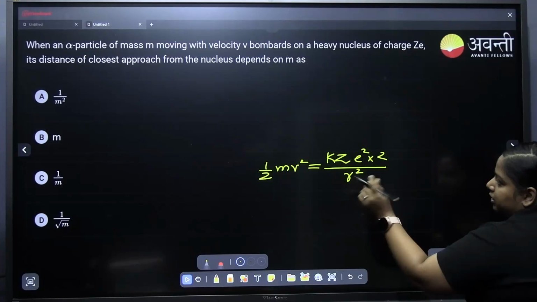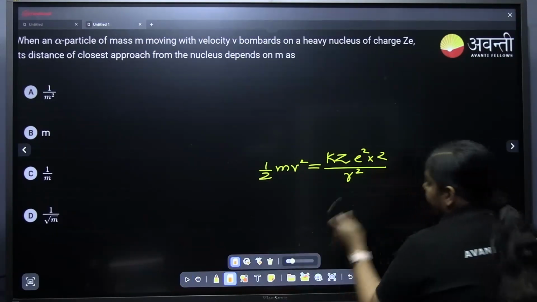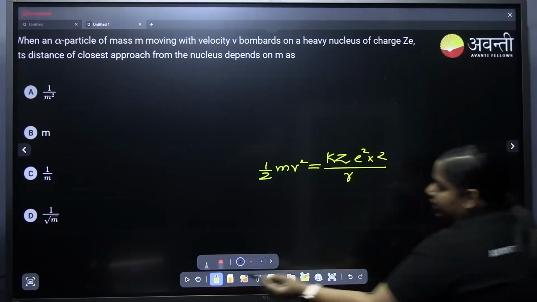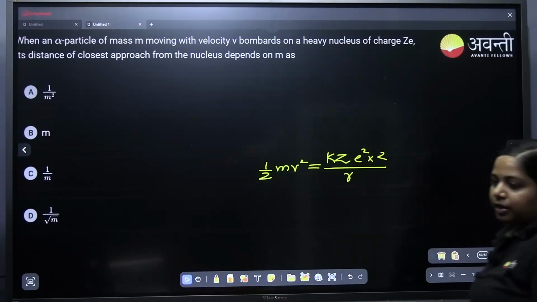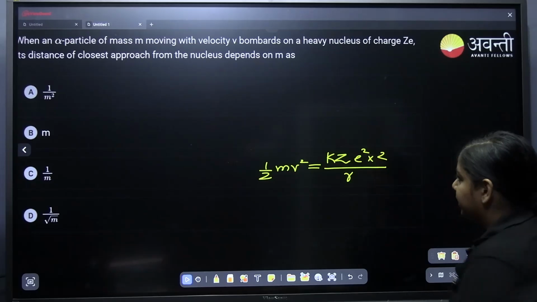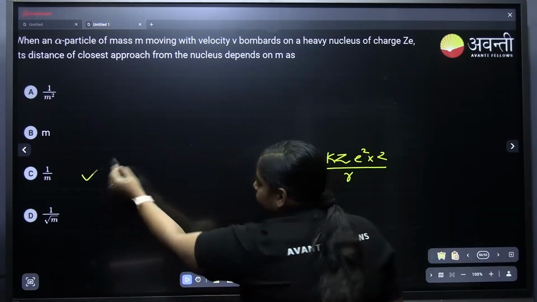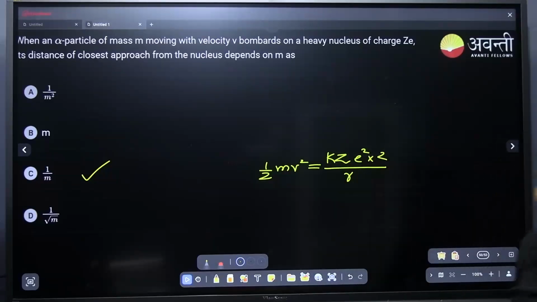Sorry, not r square, r. So this is how we are getting the formula. Yes, option C. So when we put r this side, it is proportional to 1 by m. I hope that's clear. Can we move on to the next one?